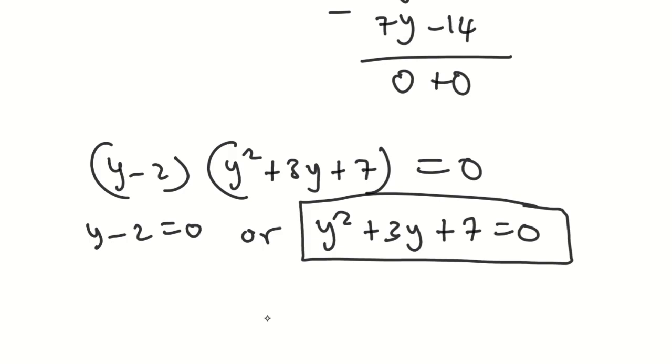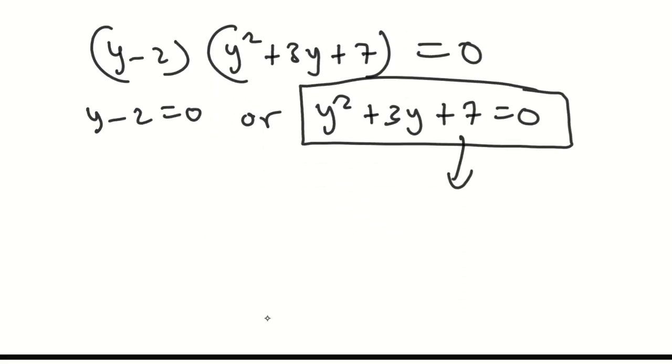Okay, so let's test the nature of root. If you want to test the nature of root, we're going to use b squared minus 4ac. If this is equal to 0, then it is equal root, which is also a real root. But if it is greater than 0, it is real root. The only time it's going to be complex or imaginary is if it is less than 0.